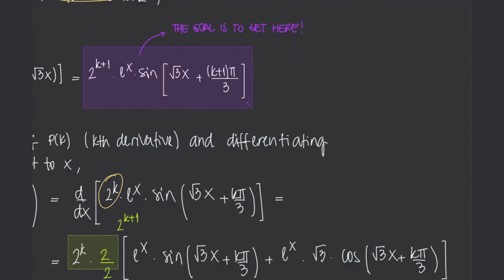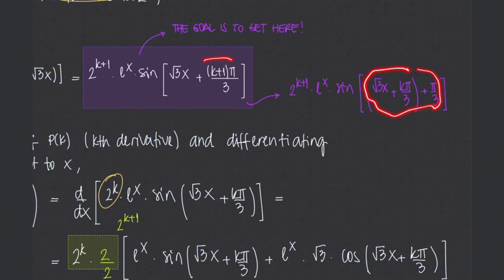You could rewrite the goal as 2 to the k plus 1 e to the x times sine of root 3x plus k pi over 3 plus pi over 3. This would give you this arc right here. Now, why am I saying that?